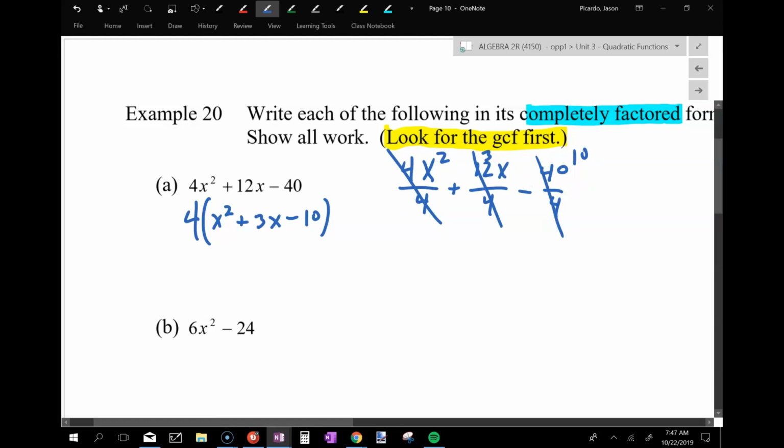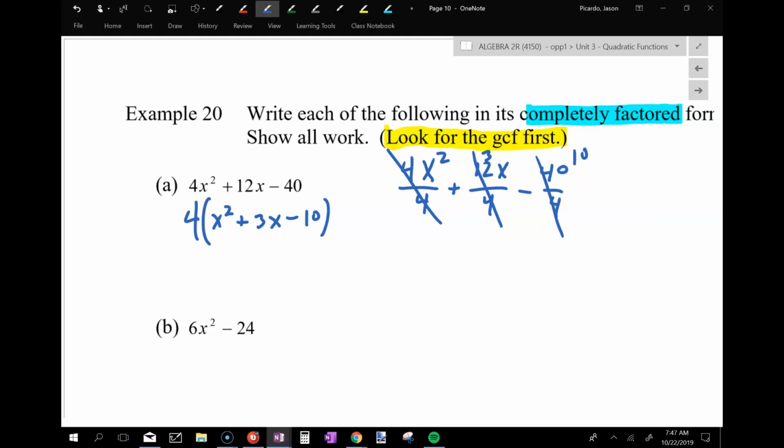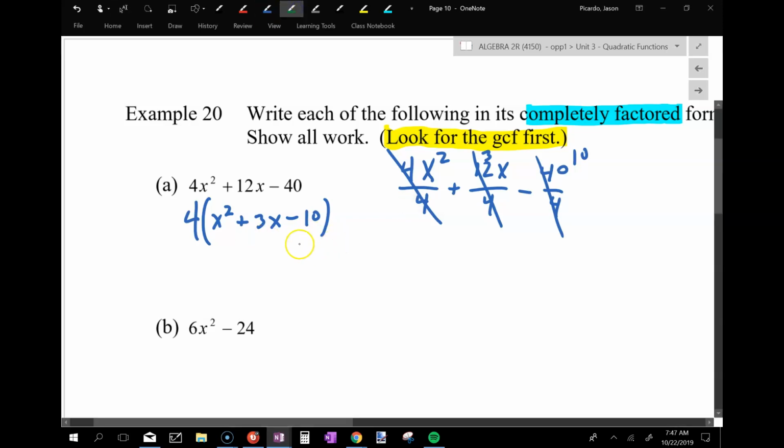Okay. Just like the last example, what's left in the parentheses? Something that might be factorable. Are there 2 numbers that multiply to be -10 and add to be positive 3? What are they? 5 and negative 2, right?